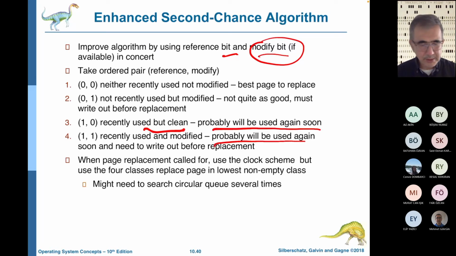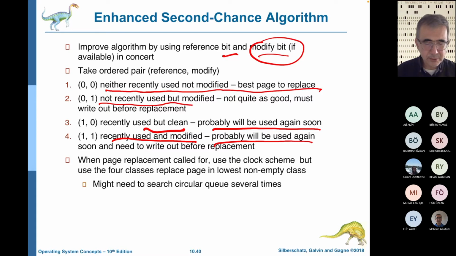Probably will be used again, but modified, so it is dirty. Neither used nor modified, best place to replace. Not recently used but modified, dirty but not used. So I might be ordering among these, and your algorithm may work a little bit faster.